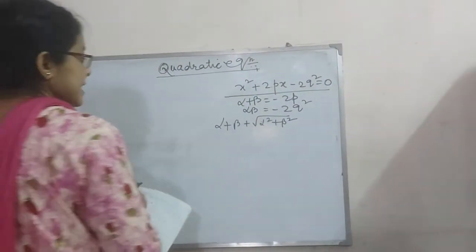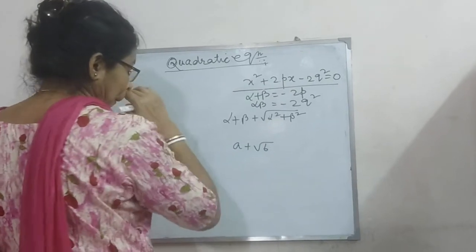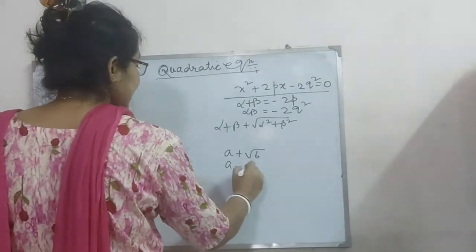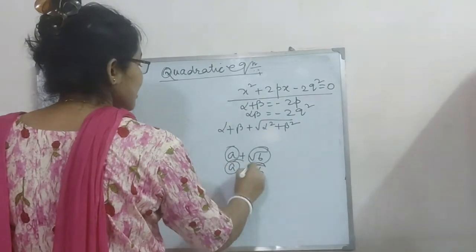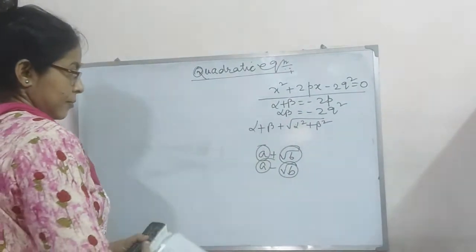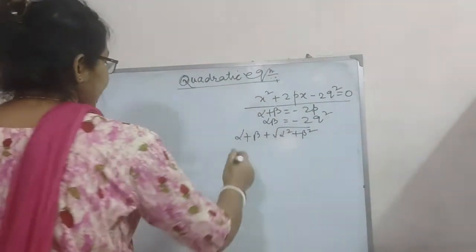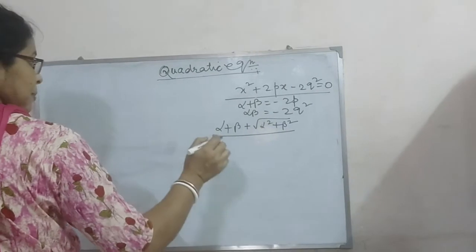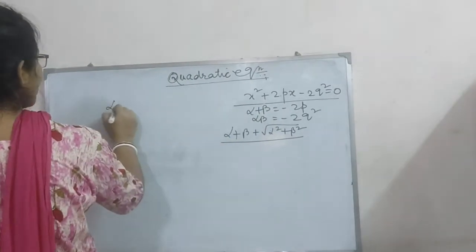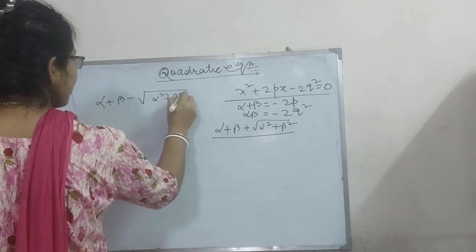If one root is a plus root b, another root is a minus root b, if a and b are rational numbers. So here alpha plus beta plus root over alpha square plus beta square is one root, then another root is alpha plus beta minus root over alpha square plus beta square.